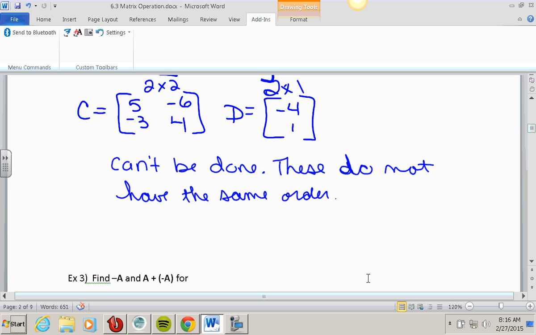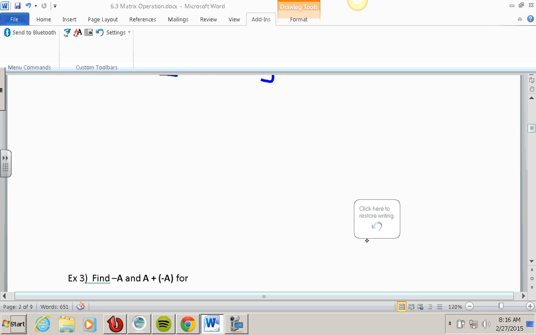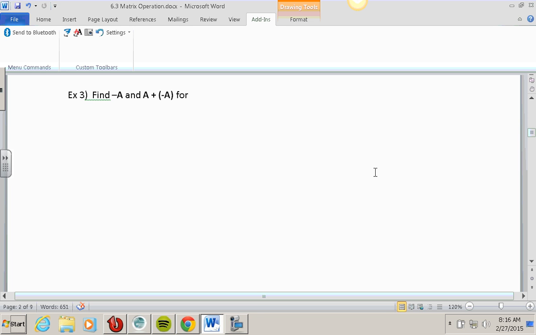Let's go a little bit further here. So now I want to find negative A, or A plus negative A. So if I want the negative of a matrix, all you're essentially doing is changing the values within that matrix, or like multiplying them through by negative 1, right?